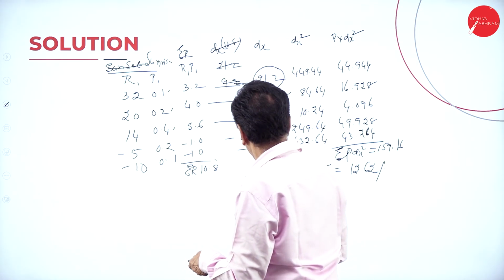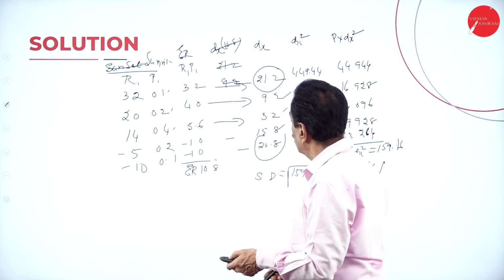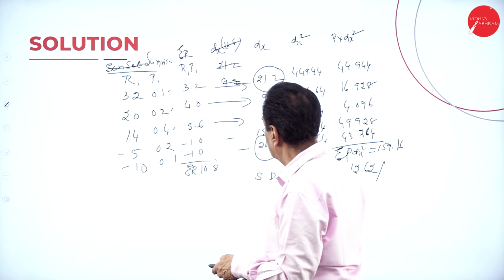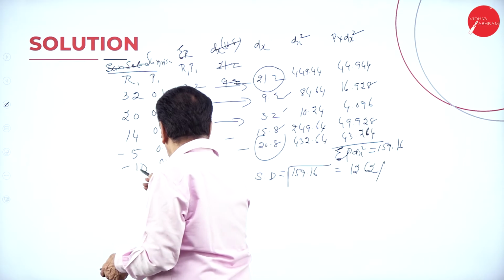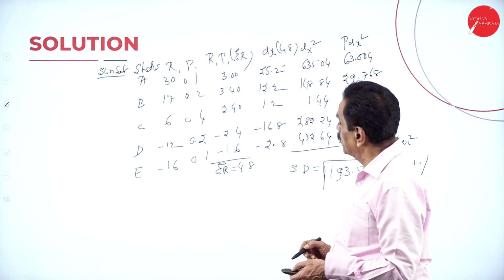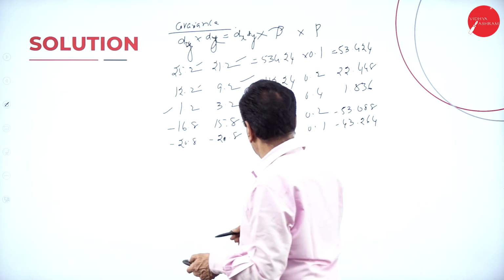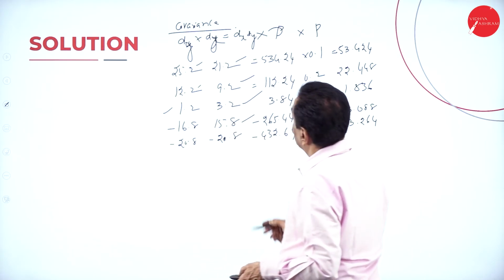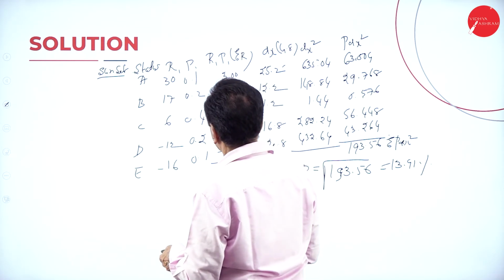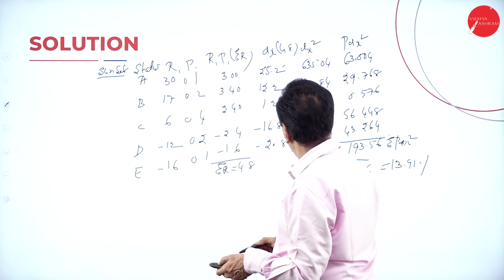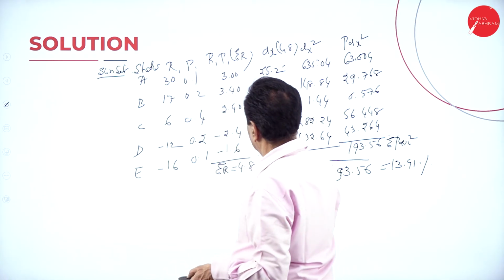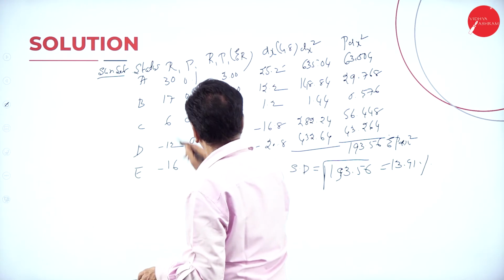Then 3.2 into 15.8. Last one, minus 10, minus 20.8. Then dy, sunset: 25.2, 30 minus 4.8.